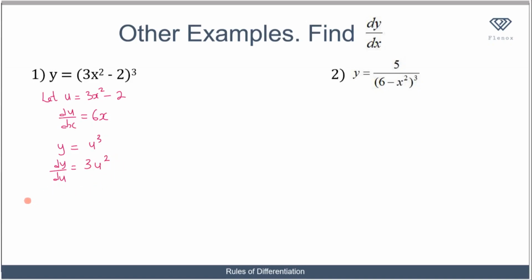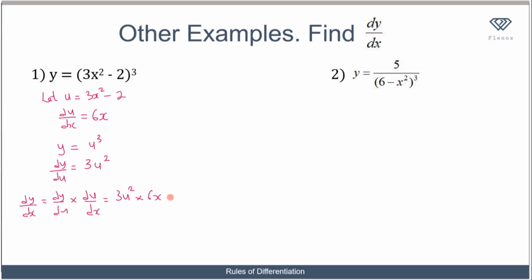As we explained, from our chain rule, we know that dy over dx is equal to dy over du times du over dx. So what is my dy over du? Found out to be 3u squared, and my du over dx is 6x.